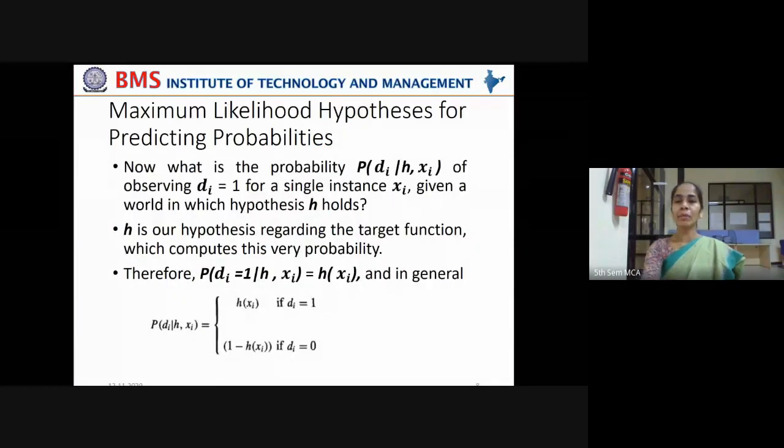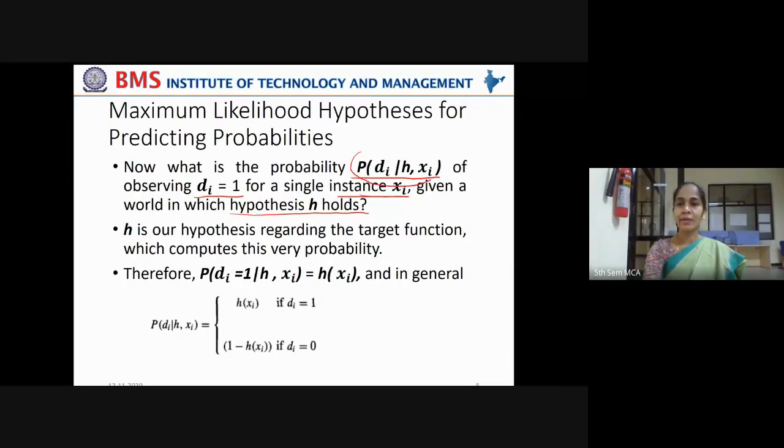Now, what is the probability of di given h, comma, xi? Of observing di equal to 1 means, what is the probability of di given h, xi if the outcome label is 1 for a single instance xi given a world in which hypothesis h holds.